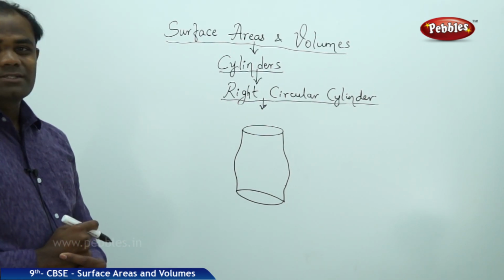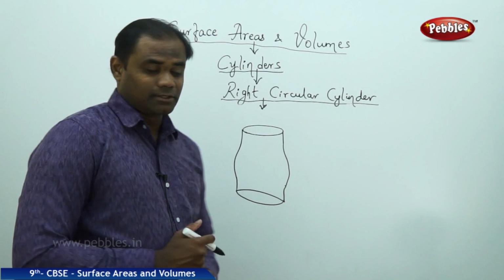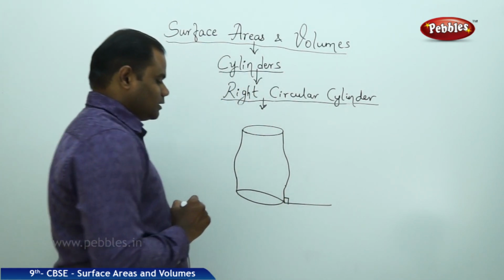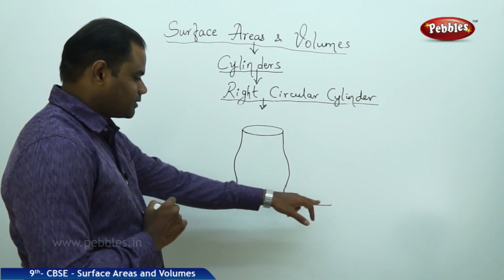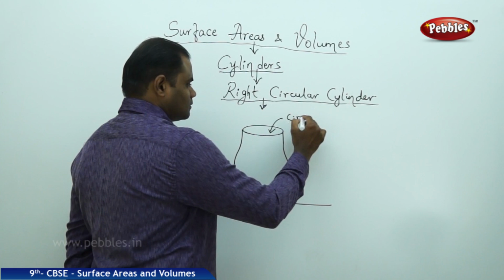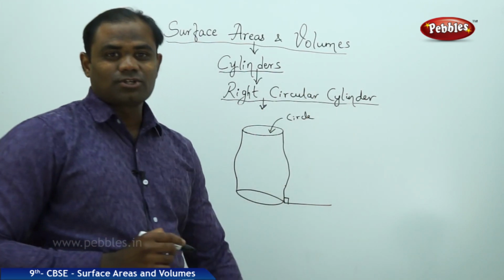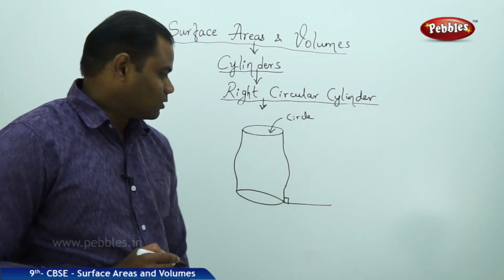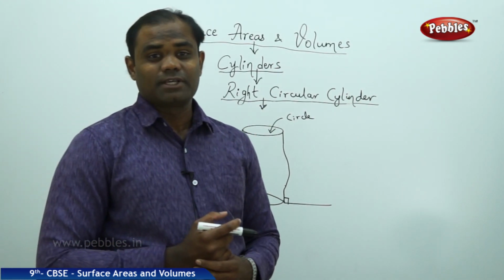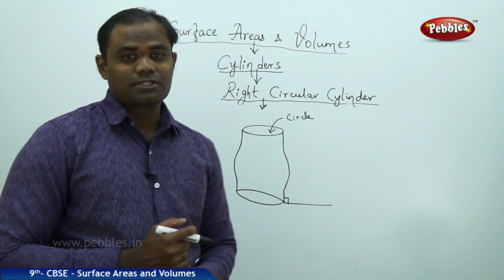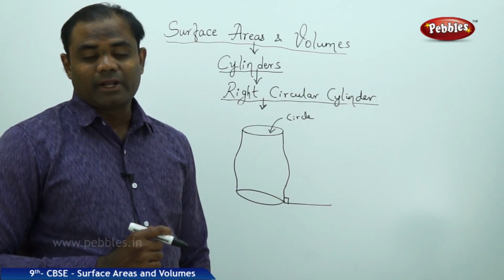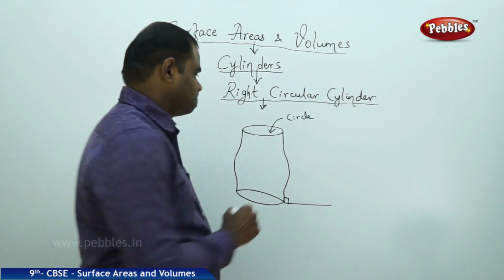This seems to look like a cylinder, but this is not right circular, though it is 90 degrees from the ground. And though I see this 90 degrees from the ground and I see this being a circle, still I say this is not a right circular cylinder because each of the circles as constructed in the cylinder are not of the same size. So here it is very important to note that this kind of cylinder cannot be a right circular cylinder.